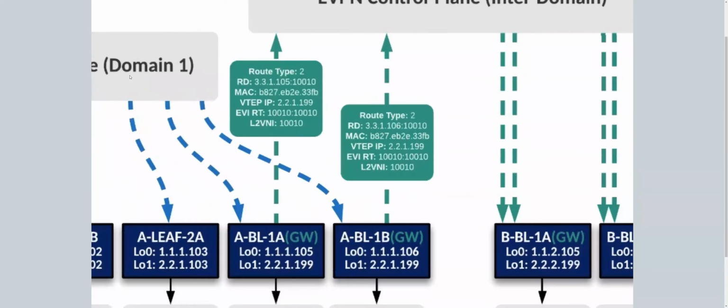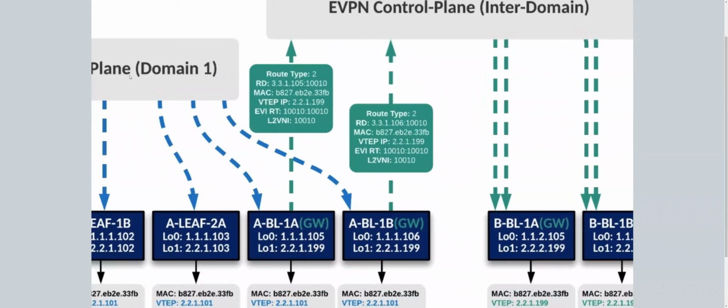There's one thing I do want to call out here that's pretty important. There's a fine degree of control around which VLANs we want to have type 2 routes propagate outside of our domain for.